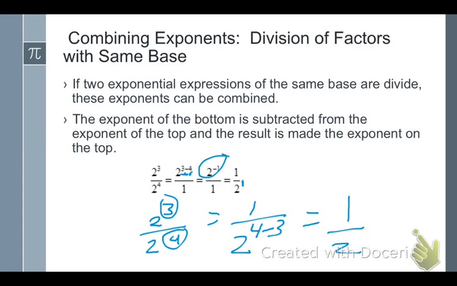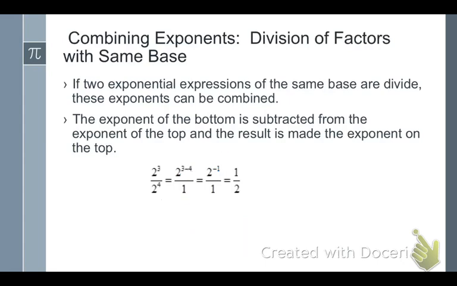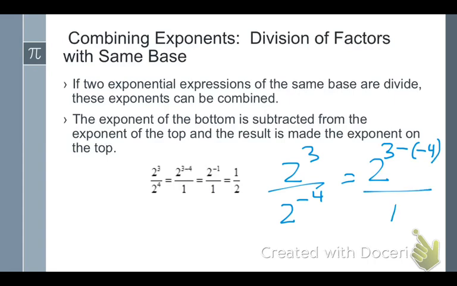But if you had a negative exponent on the bottom, you would do the top exponent minus a negative, you would end up adding the exponents. For instance, if this were 2 cubed over 2 to the negative 4 instead, and I start by top exponent minus the bottom exponent, you would need parentheses around that negative 4. You're subtracting a negative 4, which is adding. You would get 2 to the 7th in that case.